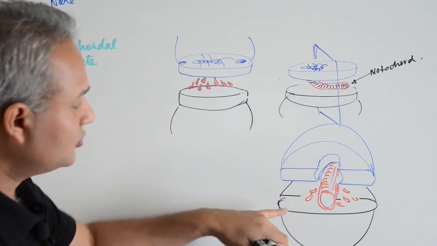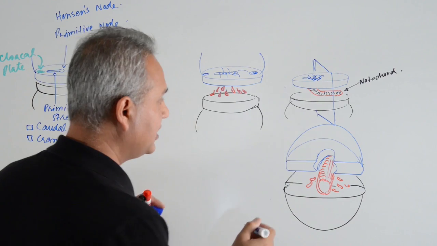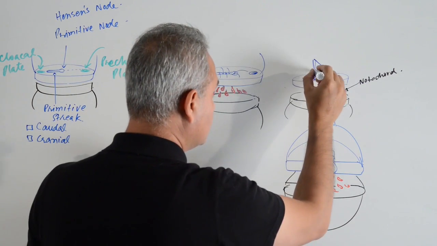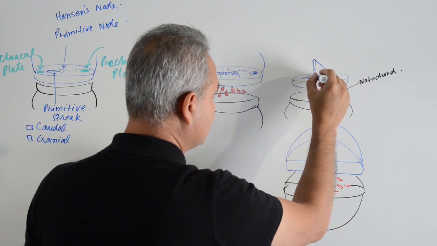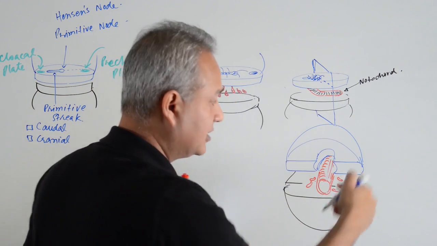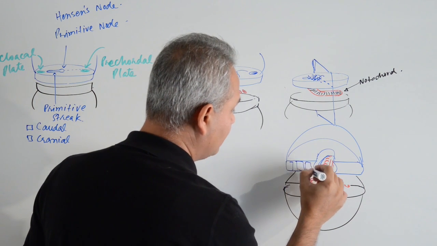Okay, so let's orient ourselves to this coronal section. What is happening here is I have cut it here, passing through the primitive streak area, and we are now seeing from the front. What are these cells?